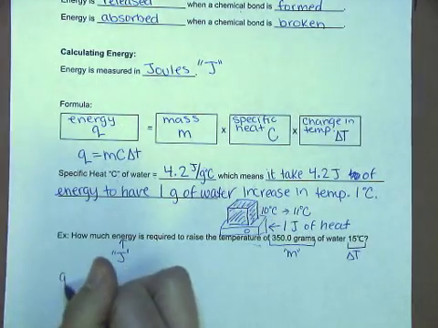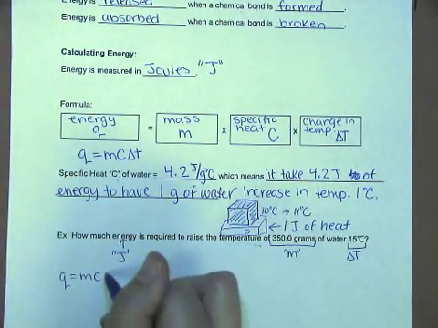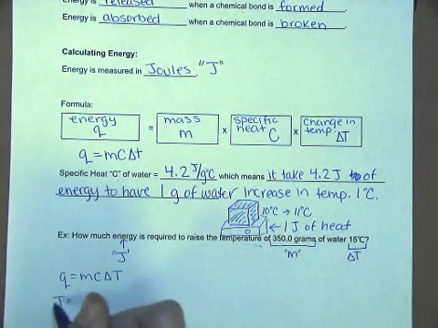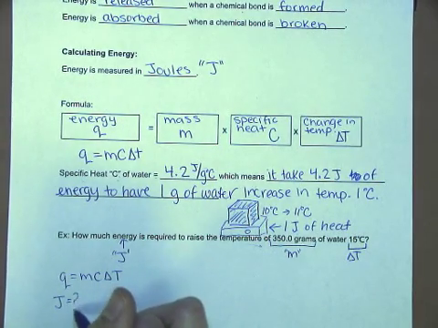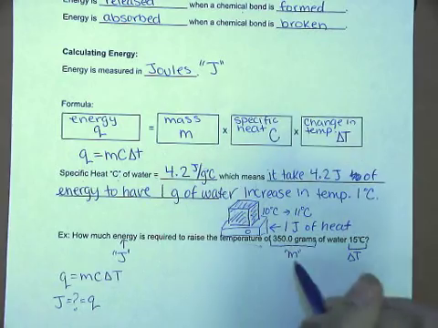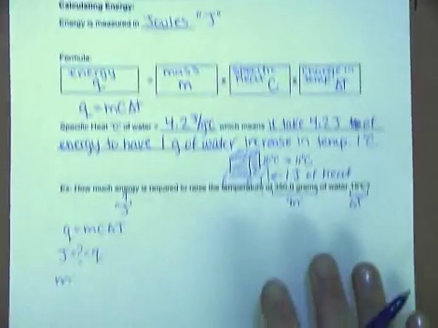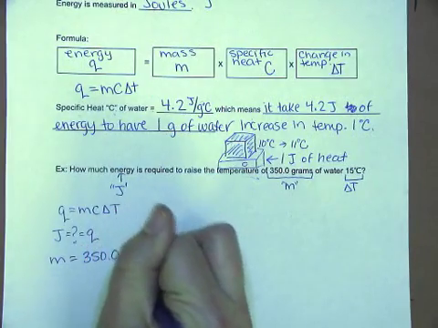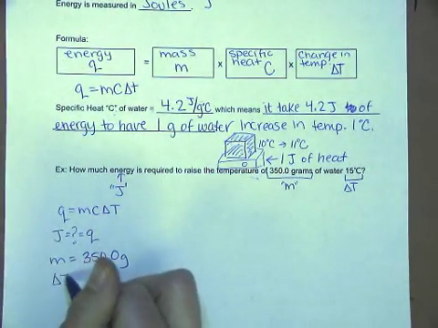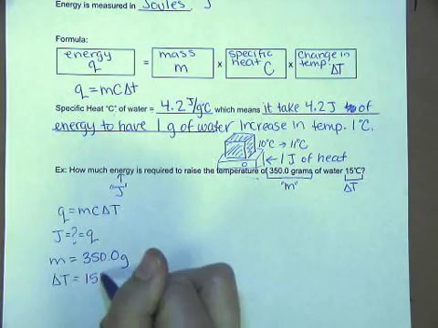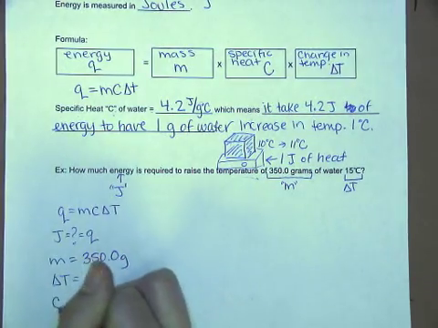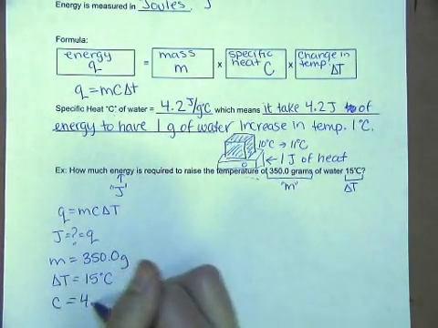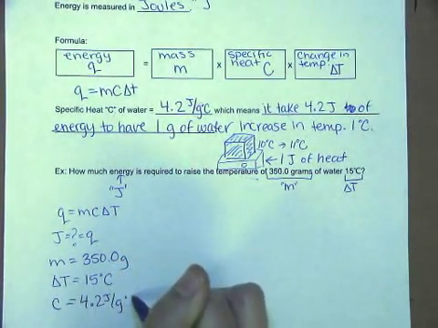So my equation, Q equals MC delta T. I'm looking for my joules is what I want to find, which is Q. My mass is equal to 350 grams. My change in temperature is equal to 15 degrees Celsius. And my specific heat is a constant. It's always going to be 4.2 joules per gram degrees Celsius.